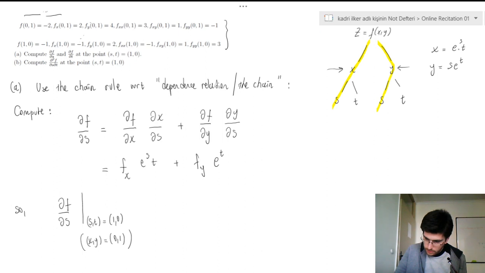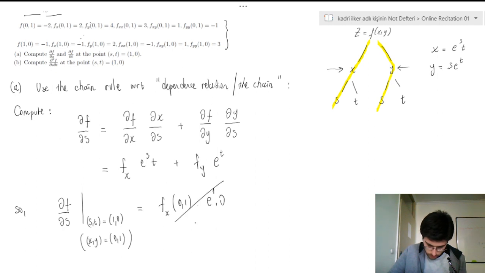Because when t is 0, x is 0, and when s is 1 and t is 0, y is 1. Therefore, we should compute this expression somehow. So at (0,1), times, so e to the s, e to the 1, 0.